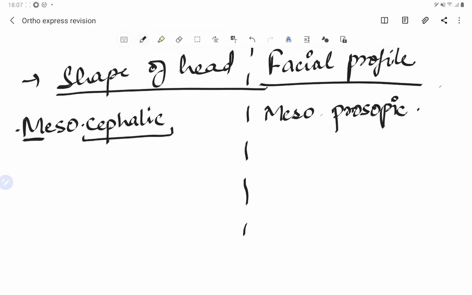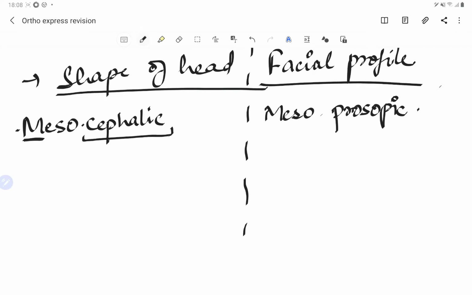So mesocephalic means the shape of the head is average, so the dental arches are going to be a normal dental arch. Mesoprosopic means there is an average or normal facial form of a person. So what is a facial form? Why do we have to classify it?